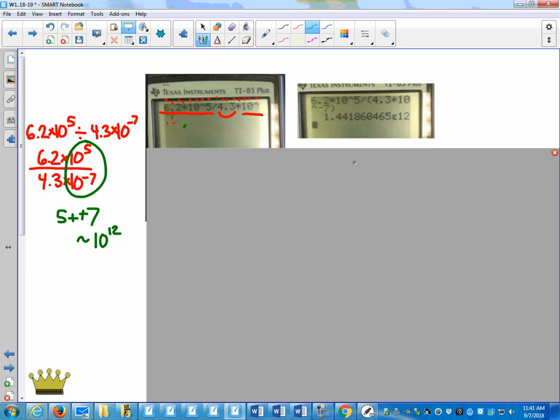You get something like 10 to the negative 1st or some nonsense. However, you can fix it. If instead you write 6.2 times 10 up arrow 5, divide, put parentheses around your entire denominator, you get the proper answer, 1.44 times 10 to the 12th. You see your calculator actually makes use of the little e already, which we'll get to in a second. But that seems reasonable. Okay, fine, you could do that.